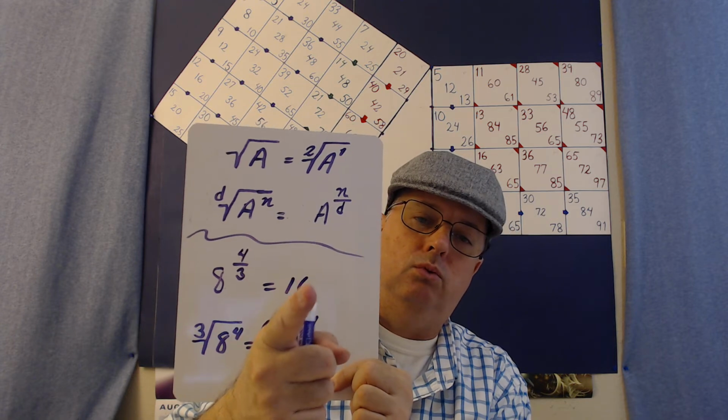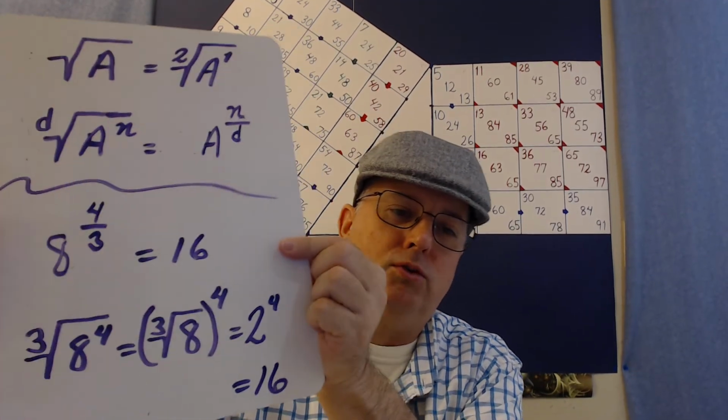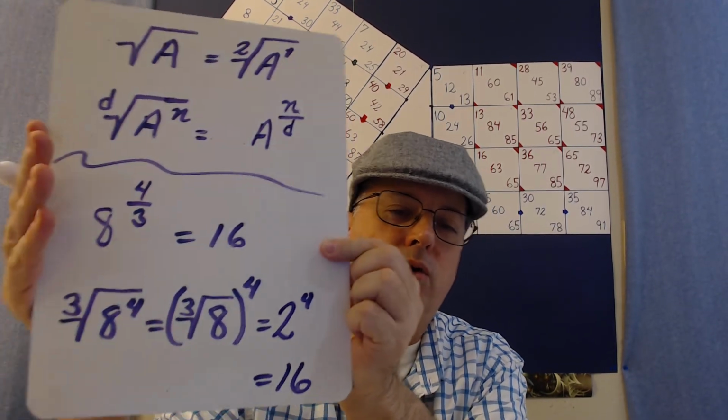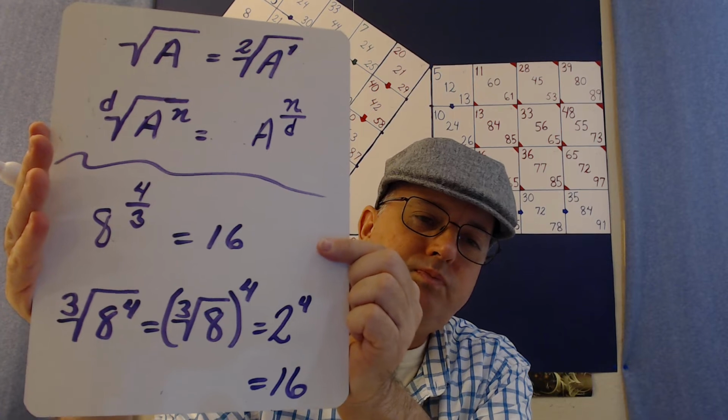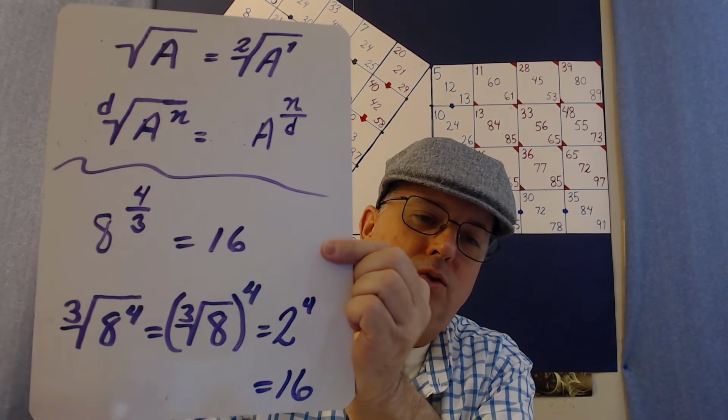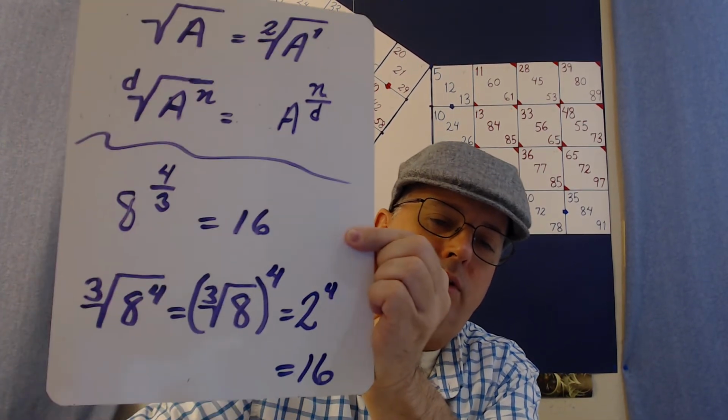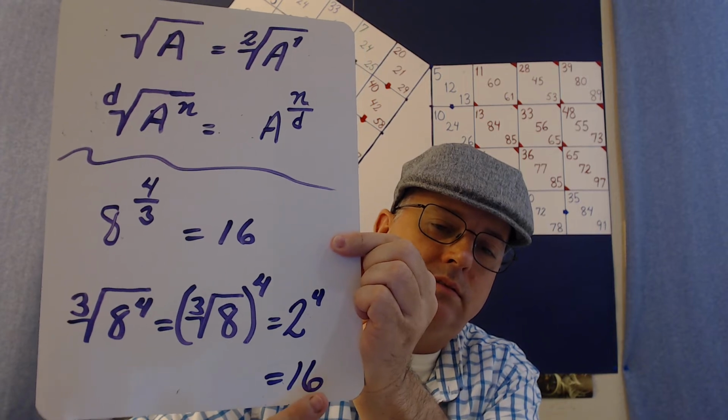That's 2. And then 2 to the 4th: 2 times 2 is 4, times 2 is 8, times 2 is 16. It's true. Yes, math is true. That's why we like it. So it is true that 8 to the 4/3 is 16.